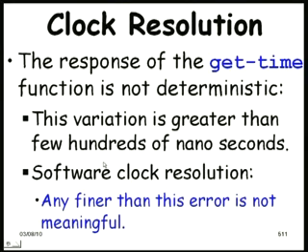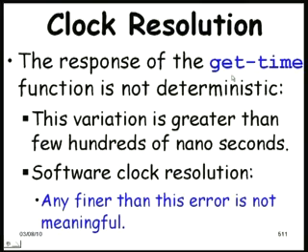A software clock of any finer resolution would not be meaningful, because there is a variation in the times that you read. If you read it as 100 nanoseconds, it may be 110, it may be 105, it may be 100. So, there is a jitter there, right. If you make the clock any finer than the jitter in the get time function, the clock is meaningless.